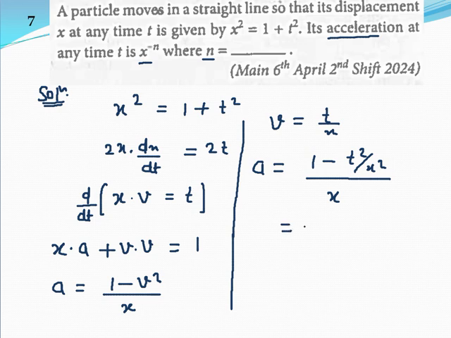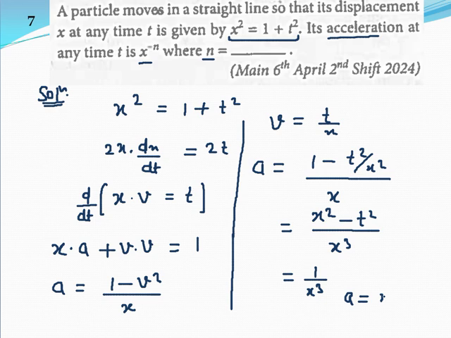The arrangement gives x square minus t square upon x cube. Given in the question, x square equal to 1 plus t square. So x square minus t square will become equal to 1. So here it is 1 upon x to the power 3. That means acceleration is x to the power minus 3. Since it is a numerical type question, the answer for n is 3.